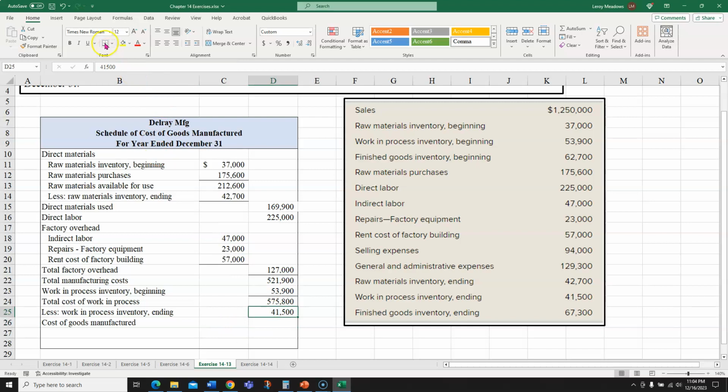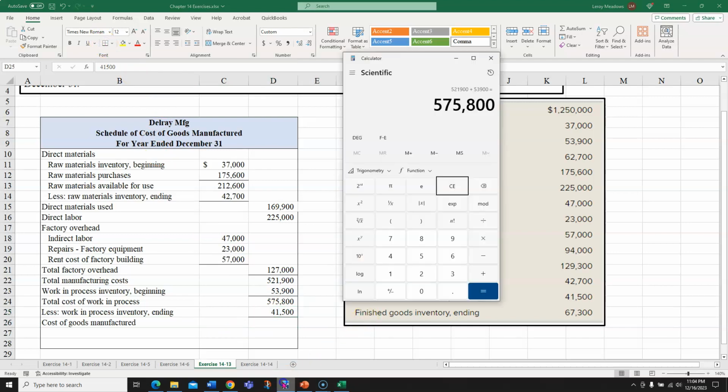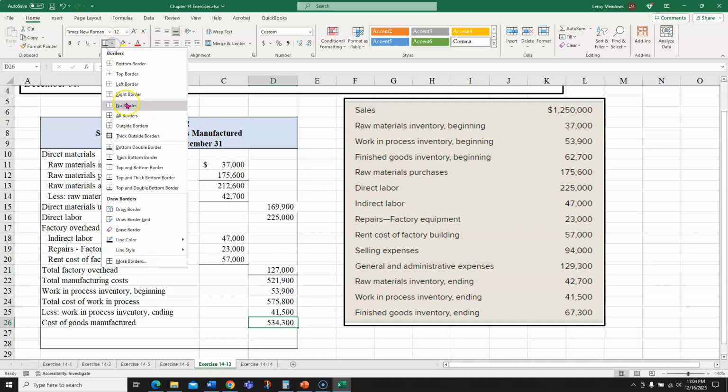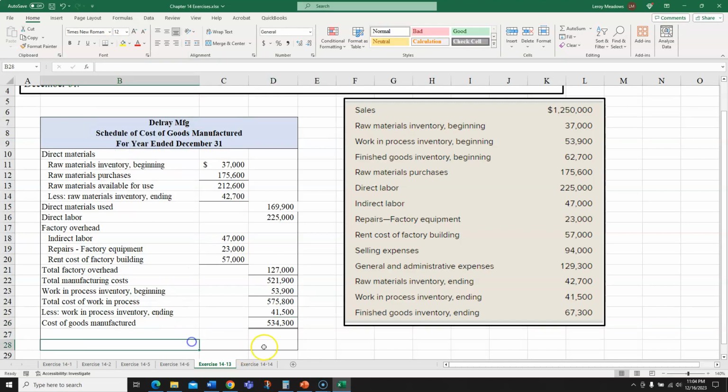And when I do this, minus my ending balance, 41,500, that should give me a total cost of goods manufactured of $534,300. And then in good form, I will put 2 lines underneath that to mark it as a final number.